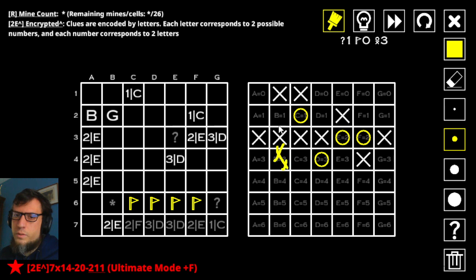Oh, B can't be 3. Then it would have to be 1 for this. But that would eliminate G equals 1 as a possibility. And it already has 1 mine, so it can't be 0. And that forces G to be 3. Which is gonna force both of these to be mines. Which... Okay. That's not really the end of the world, is it?